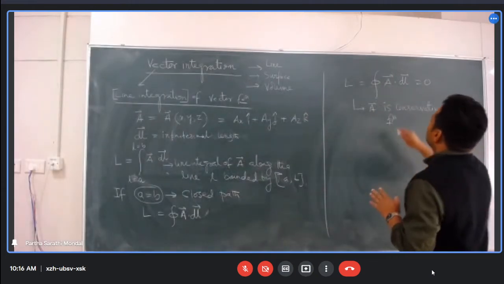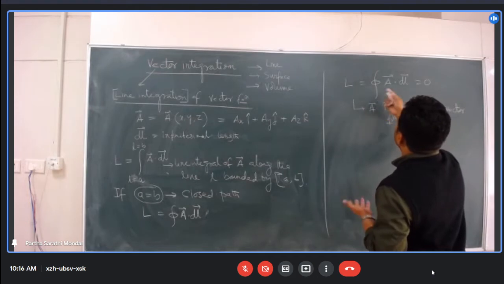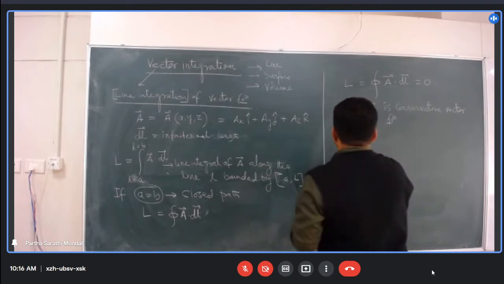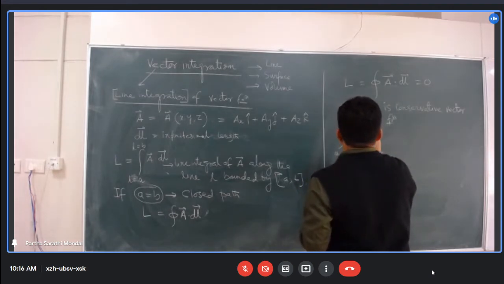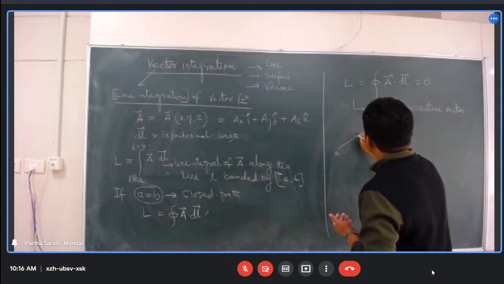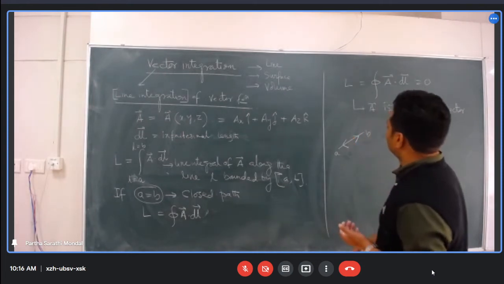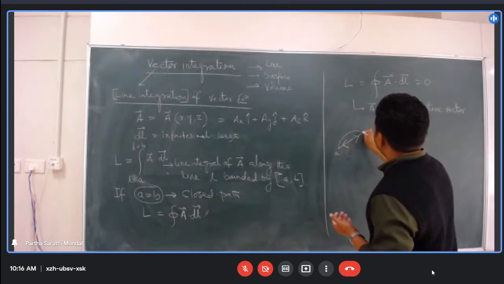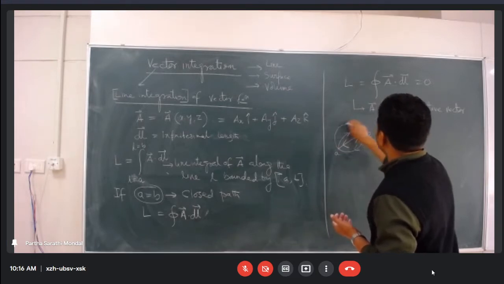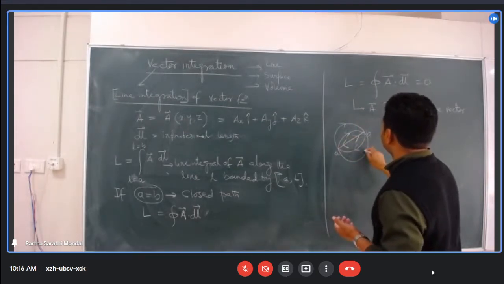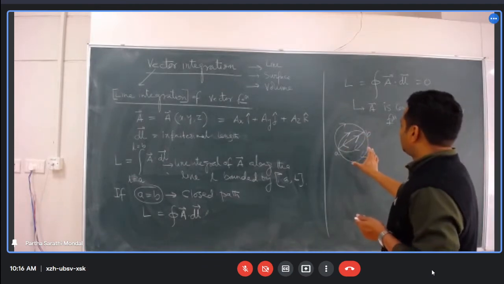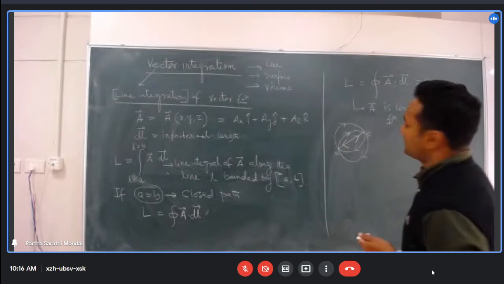So what does that mean? Suppose I have a path A to B, and if I go this way and come back again, तो ये काफी सारे पाथ हो सकता है, जैसे इधर से गए, इधर से आए, like this. Okay, so that means it doesn't depend on the path. It depends only on the end points.